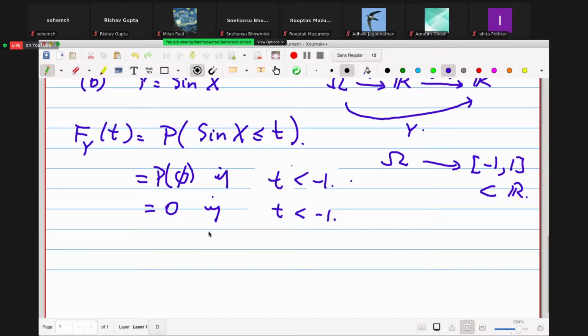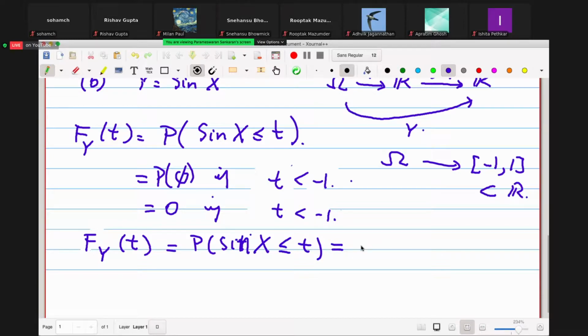Now you also can say, by the same reasoning, F_Y of t is equal to the probability that sin x is less than or equal to t.